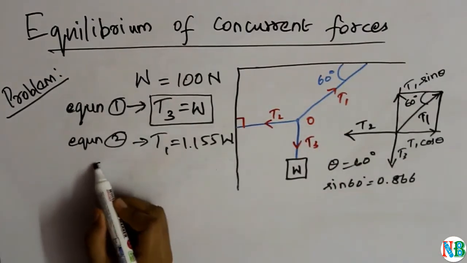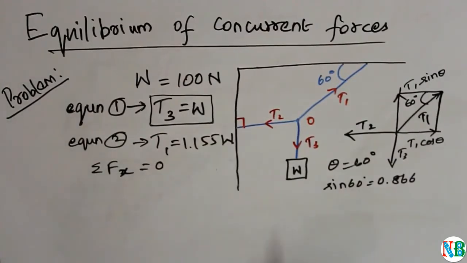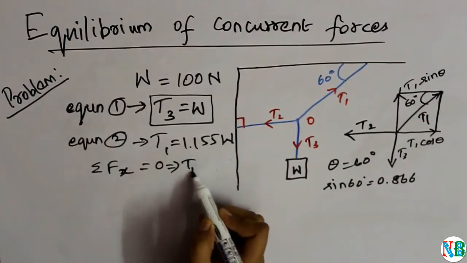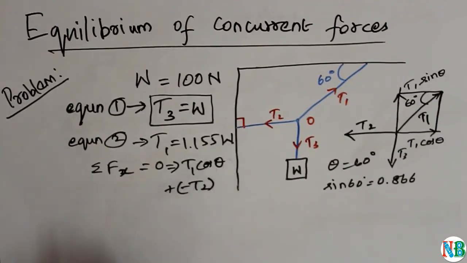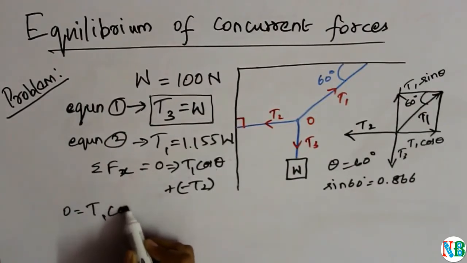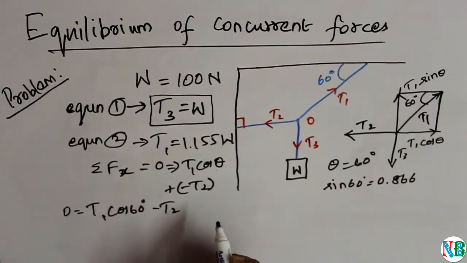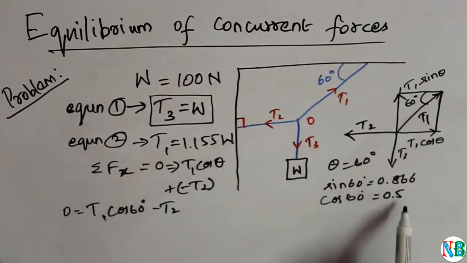We have already known the summation of Fx is equal to 0 because it's a horizontal component, which is T1 cos theta minus T2. So we have 0 equal to T1 cos 60 degrees minus T2. For cos 60 degrees we have 0.5.